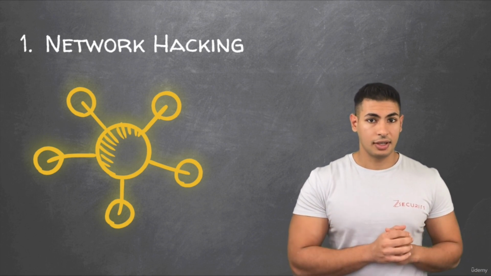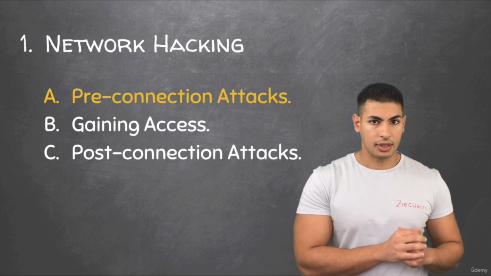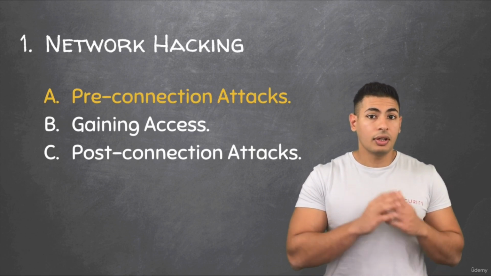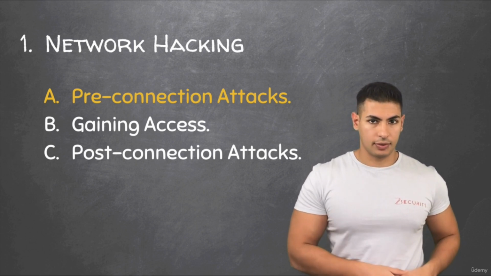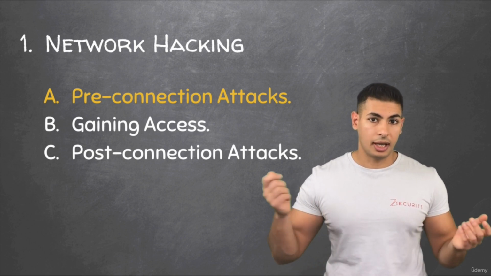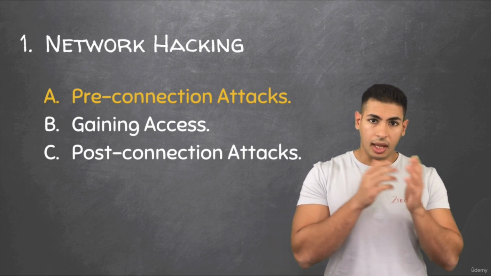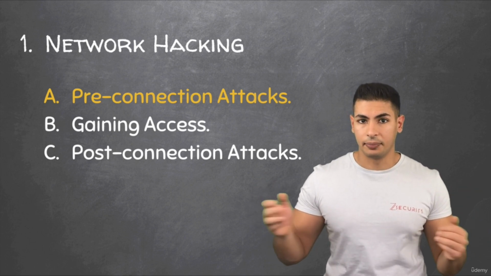This section is going to be divided into 3 subsections. In the first subsection, we're going to talk about all of the attacks that you can do before connecting to a network. You literally just have a computer with a network interface, possibly a Wi-Fi adapter, and we're going to see what you can do before even connecting to anything.